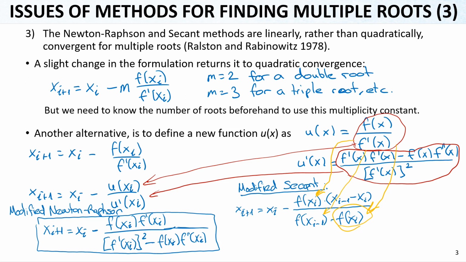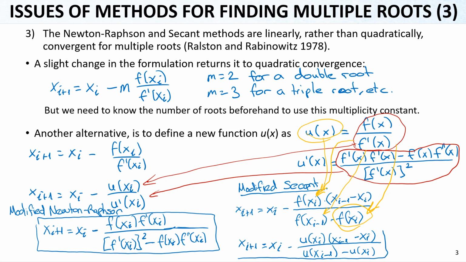Eventually, when we organize these, we will have xi+1 equivalent, actually we are just substituting u(xi) here rather than this, and so the formulation becomes u(xi) (xi-1 minus xi) divided by u(xi-1) minus u(xi).